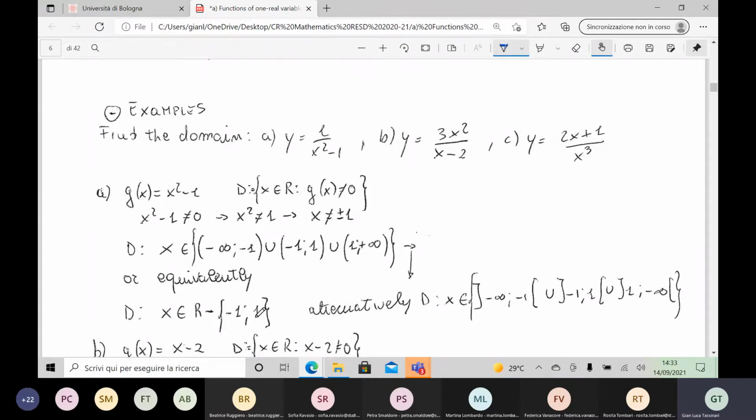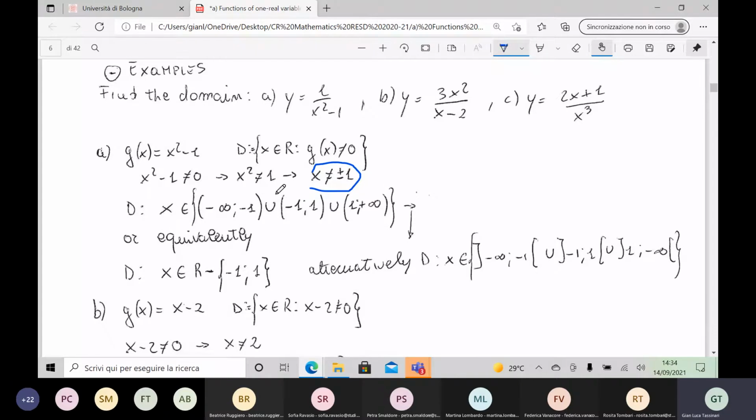So the poorest way to represent the domain is this one. Otherwise, this is more elegant, and also this is more elegant. But I think all four methods are correct. For some professors, however, I know they hate if you write in this way.